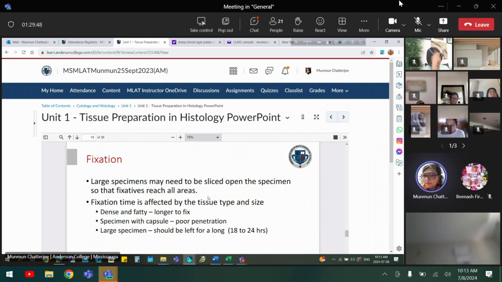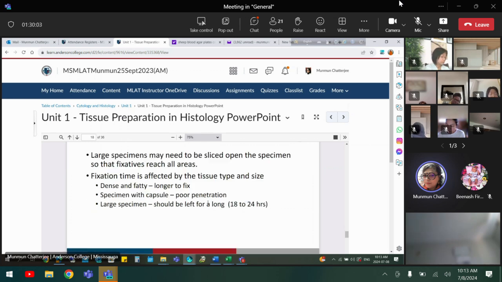Fixation is affected by the tissue type and size. So what type of tissue do you have and what is the size? This is another question. Fixation time is dependent upon tissue type and size. Dense and fatty tissue, naturally, we can all think, takes longer to fix.